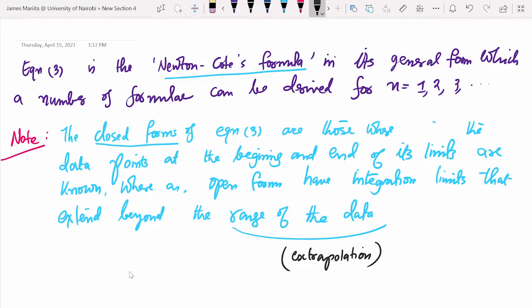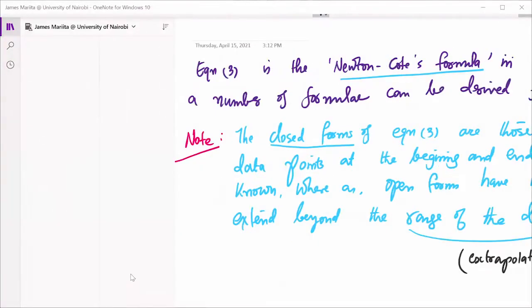So I've said equation 3, what we have derived up to the previous slide, is the Newton-Cotes formula in its general form. General form, because we can come up with other formulae for different values of n. So these are the particular cases that we have. Now we start off with the first one.